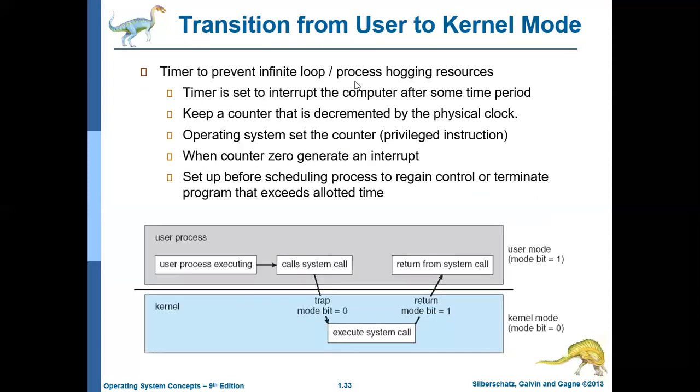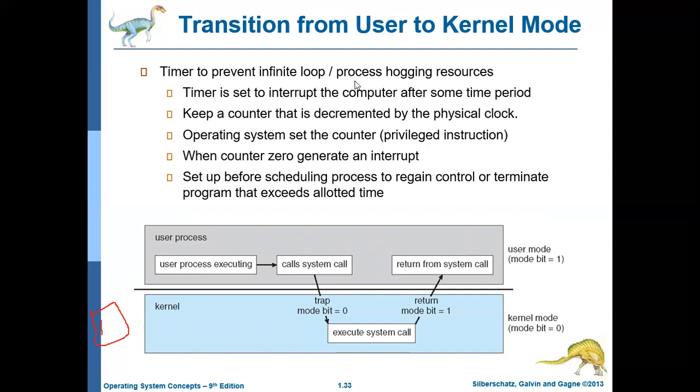Initially, when a particular process is loaded into the main memory from the hard disk, at that time the process will be in kernel mode. Let us assume here is the hard disk and the program is residing in the hard disk.